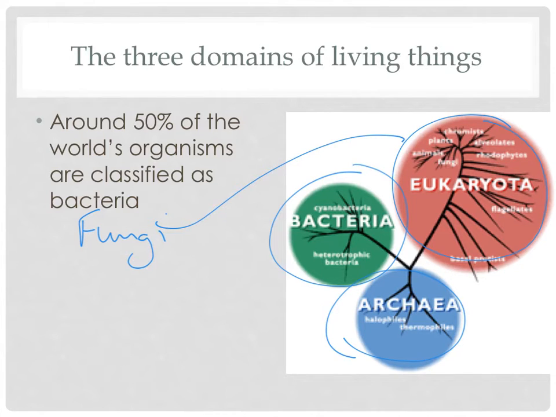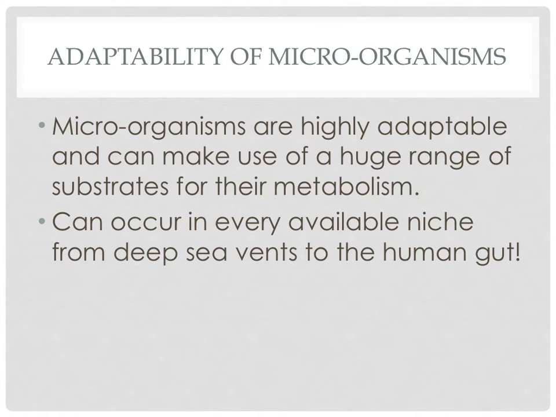Within the eukaryotic domain we've also got things like protozoa and algae. Protozoa are unicellular eukaryotic cells. They've got organelles. Algae are plants, often unicellular, and you find them growing in a wide variety of moist habitats.